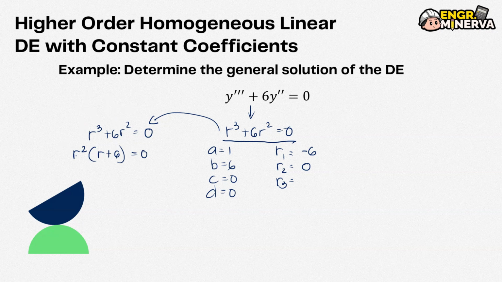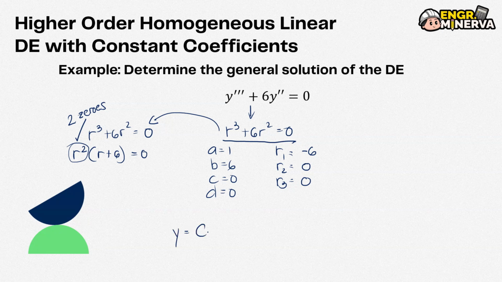Okay, so it means you have r squared. So once you can factor out r squared, it means there are two zeros. If only r can be factored out, it means there's only one zero. So it means there are two zeros in our roots.